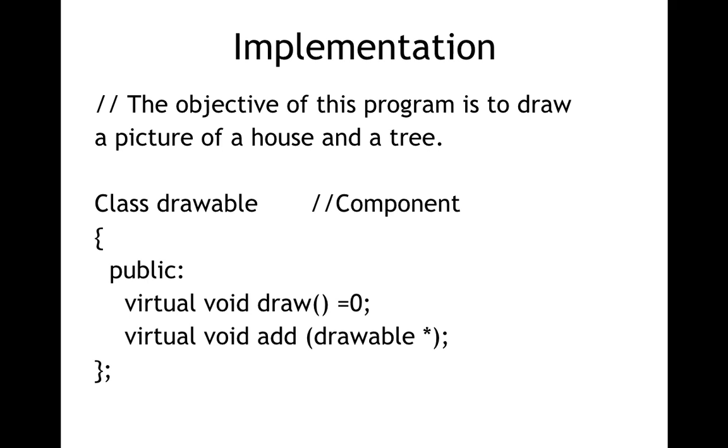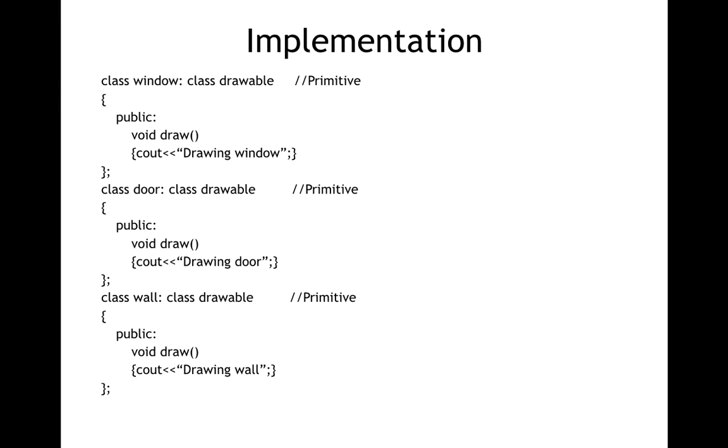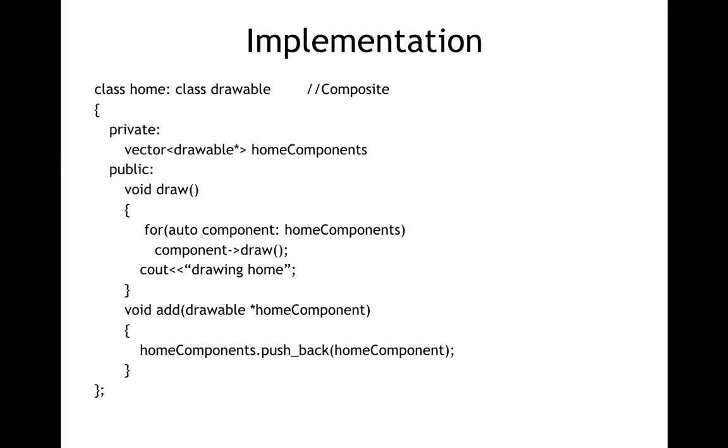Now let's see for home. Let's say you want to have windows, doors and walls as your primitive classes. Each of these primitive classes will provide its own definition for draw. So window, door and wall would be my primitive classes for home, and my home would be the composite class, which again derives from class drawable.